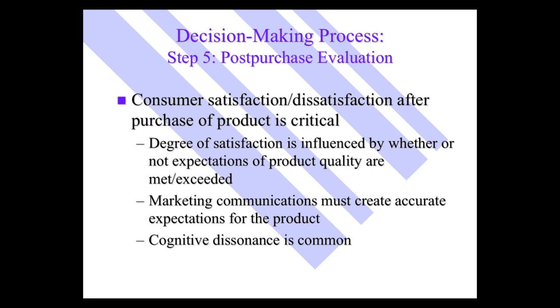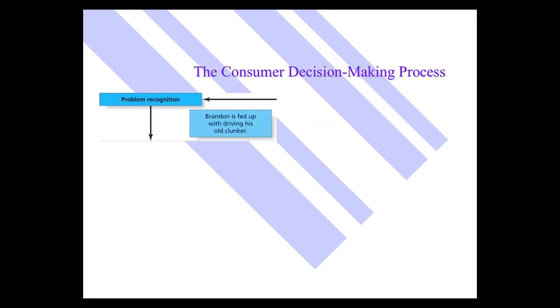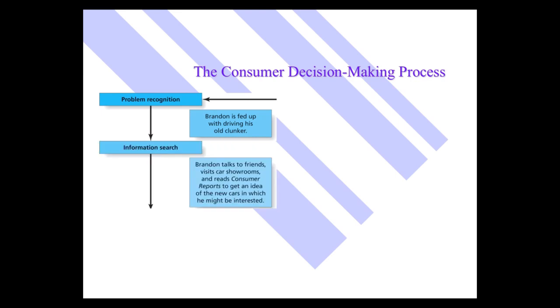Now, if we walk through that consumer decision-making process, again, step one is problem recognition. For example, Brandon is fed up with his old car. That's the problem. I've got a junky car. So now step two is information search. Brandon talks to friends, visits car showrooms, reads consumer reports to get an idea of what cars he might be interested in.